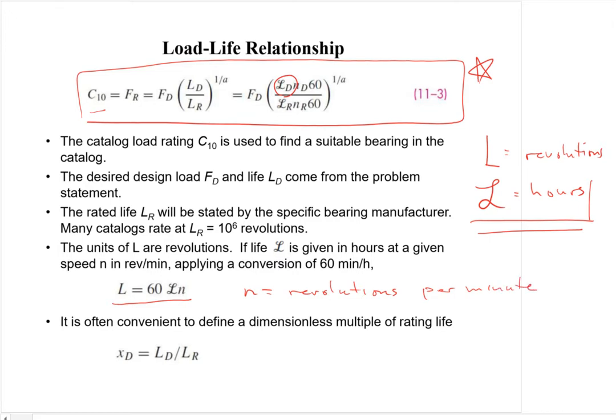In most other texts, n is capitalized for revolutions per minute, but just to make you aware, N in this equation is not a factor of safety. It's revolutions per minute. And let's see, what else can I say about this? I think that's about it.